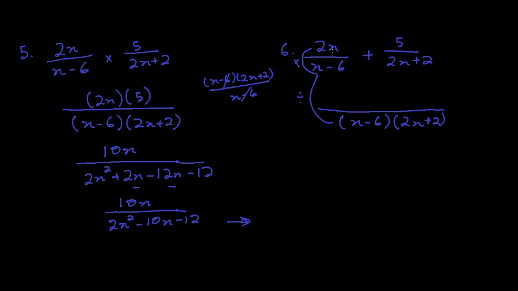Then this 2x here is going to multiply with this entirely, so you're going to drop down the 2x, which is going to multiply everything there. Then don't forget the sign, bring positive 5, then you open another bracket, then we do the same thing here.